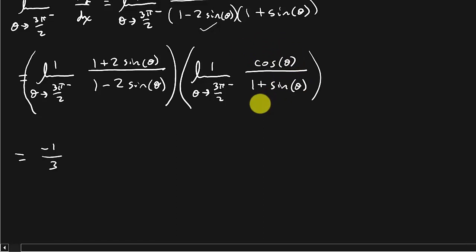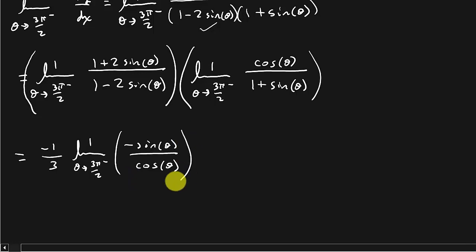You remember L'Hopital's rule? And so we can write this as the limit as theta goes to 3π/2 from the left of negative sine theta over cosine theta, right? So we used L'Hopital's rule there.